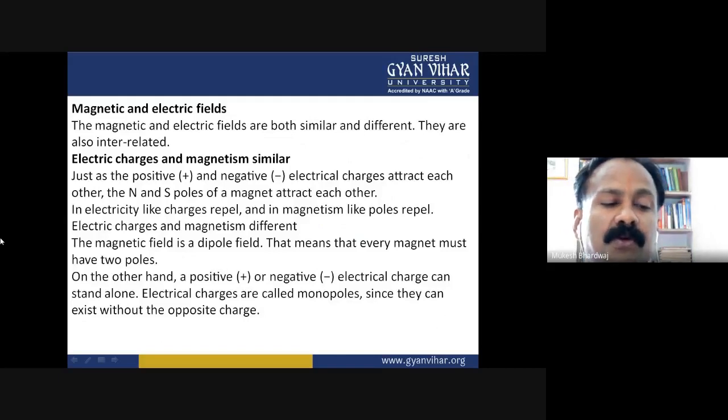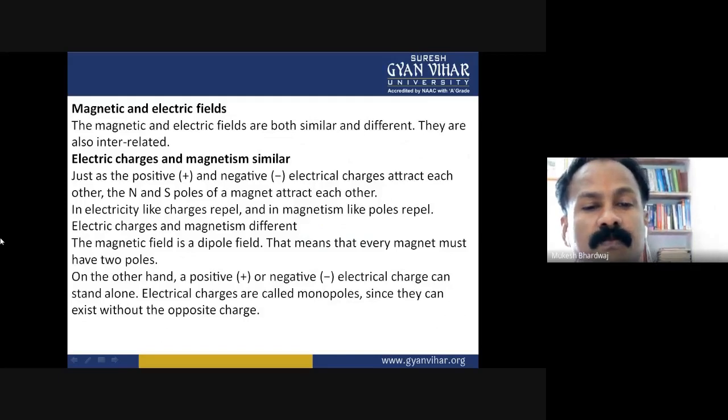For a circular loop, the dipole moment will be shown in the next slides. On the other hand, positive or negative electrical charges can stand alone. Electrical charges are called monopoles since they can exist without the opposite charges.